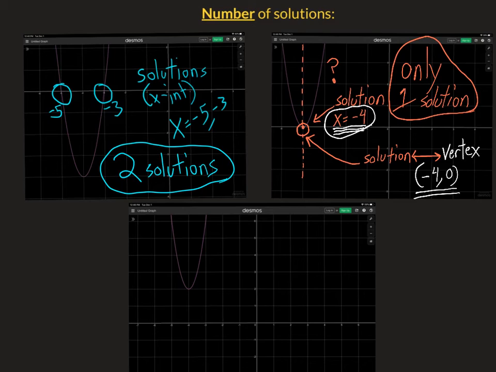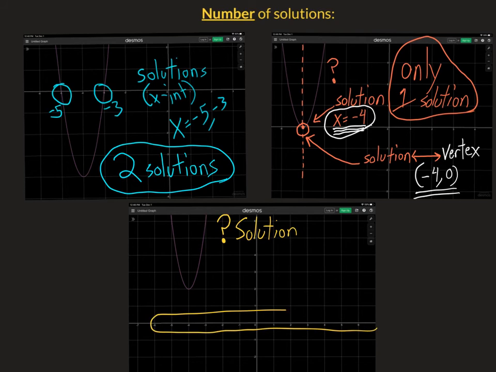All right, last. What the heck do we do with this one? What's our solution here? Well, it doesn't cross anywhere. Nowhere on our x-axis does the parabola cross. That means there is no solution. That's also totally valid and possible with a parabola.